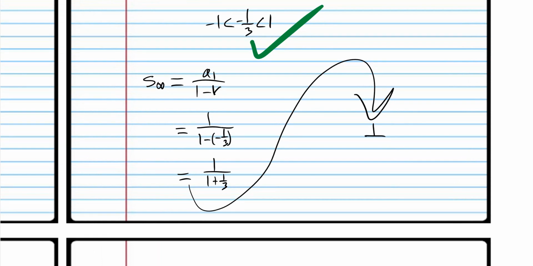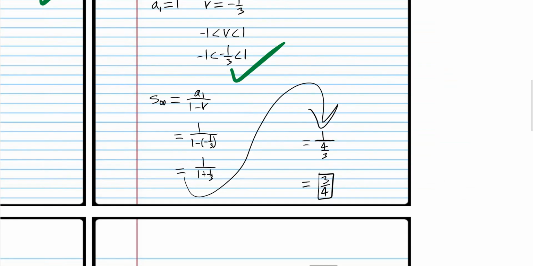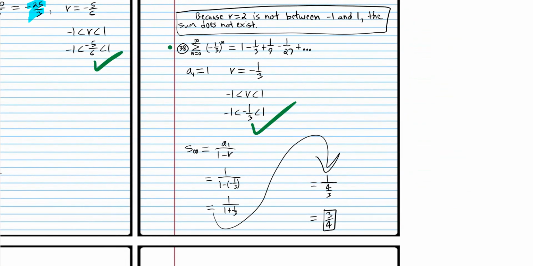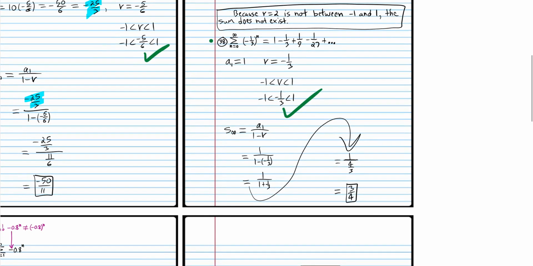We have 1 over 4/3, and if you do the simplifying on that, we end up with 3/4. So believe it or not, the sum of all the infinite number of terms is 3/4, because the sum does what we call converging. It converges.